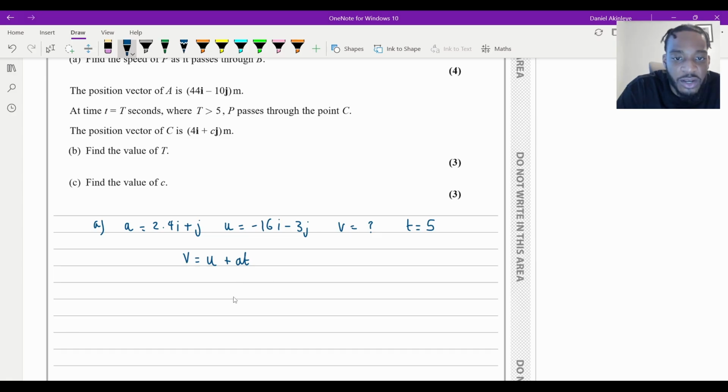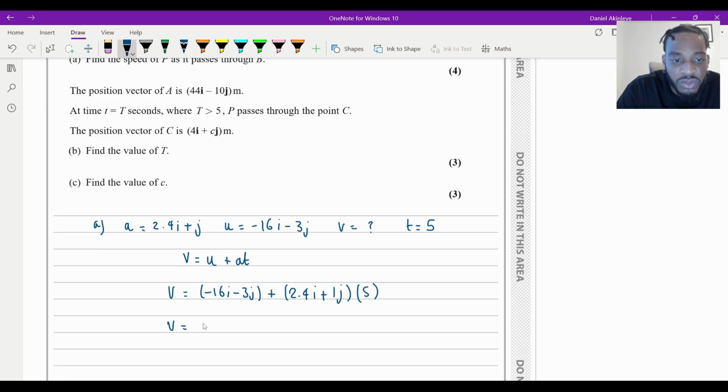And I'm going to plug in everything that I know. So v is equal to u, which is minus 16i minus 3j, plus a, which is 2.4i plus j, times 5. Now what we're going to do is work out what this vector is. So let's tidy this up a bit.